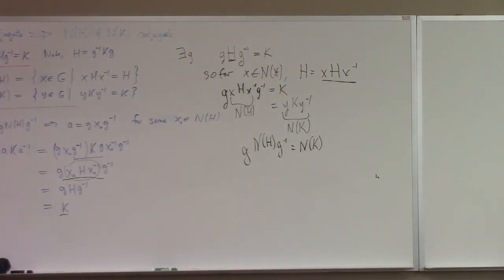All right, let me think about this. So that's equal to k because it's given that g h g inverse is k, right. And then it's also k is equal to y k y inverse.